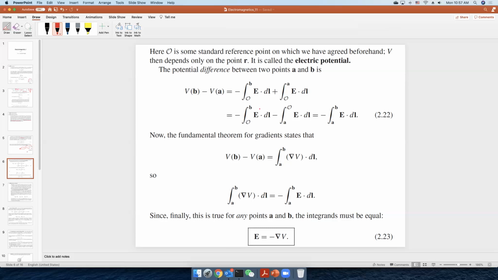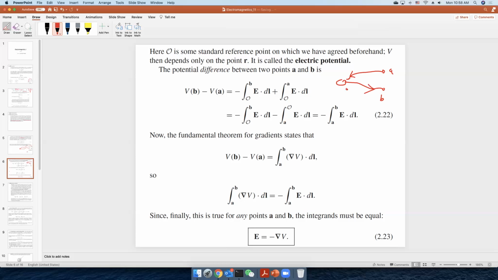And then it becomes a line integral. Let's say this is A, this is B, and this is your reference point. First, you do a line integral from the reference point to B, which is from here to here, and then from A to the reference point, which is from here to there.